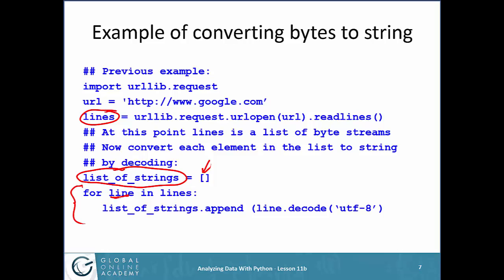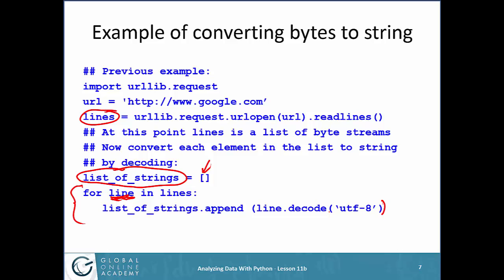Now that I've got just one line, which is a byte stream, in the variable line, I'm going to say list_of_strings.append. So I'm taking this empty list and I'm adding something to it. What am I adding? line.decode('utf-8'). And it looks like there's a syntax error. I'll need one more parenthesis.